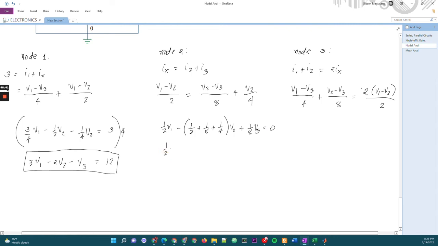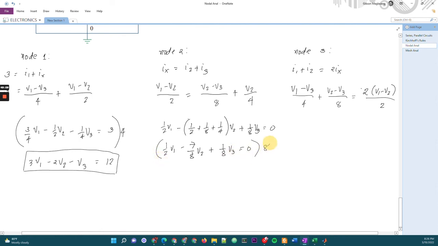We have 1/2 V1 minus, I'm gonna use calculator, 1/2 plus 1/8 plus 1/4, that would be 7/8 V2 plus 1/8 V3 equals 0.